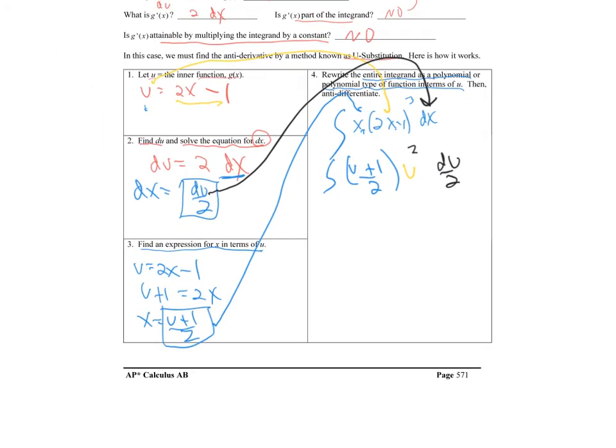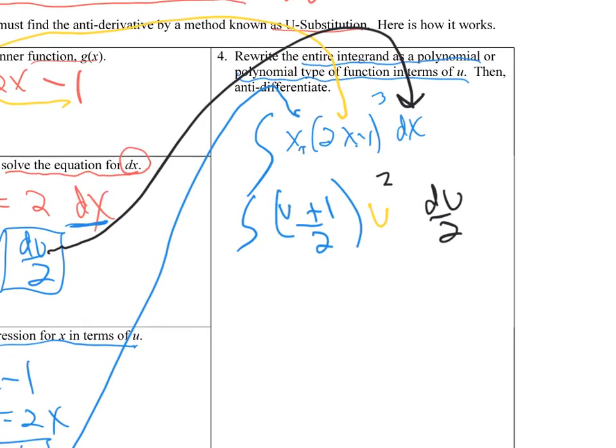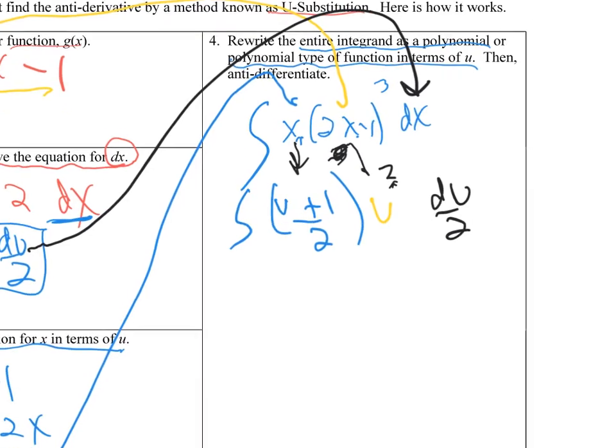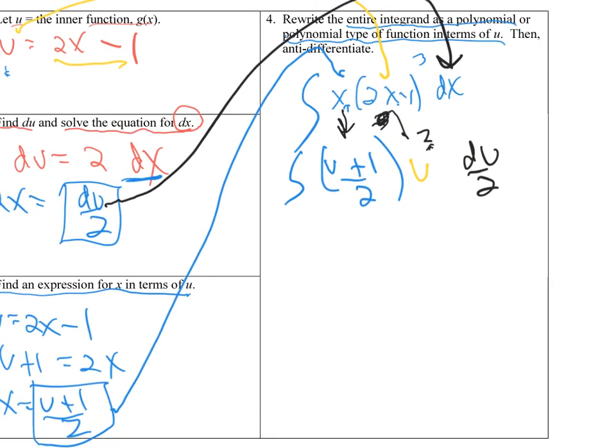Now, just clean this up. I forgot my cube here, didn't I? No, wait. No, this was cubed. Not this. That was my x there. Now it looks good. So I'm going to distribute my u cubed inside.